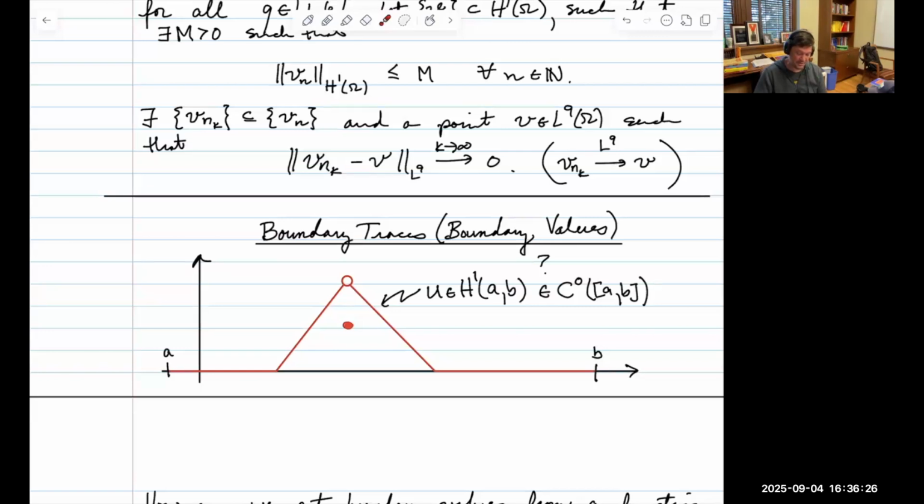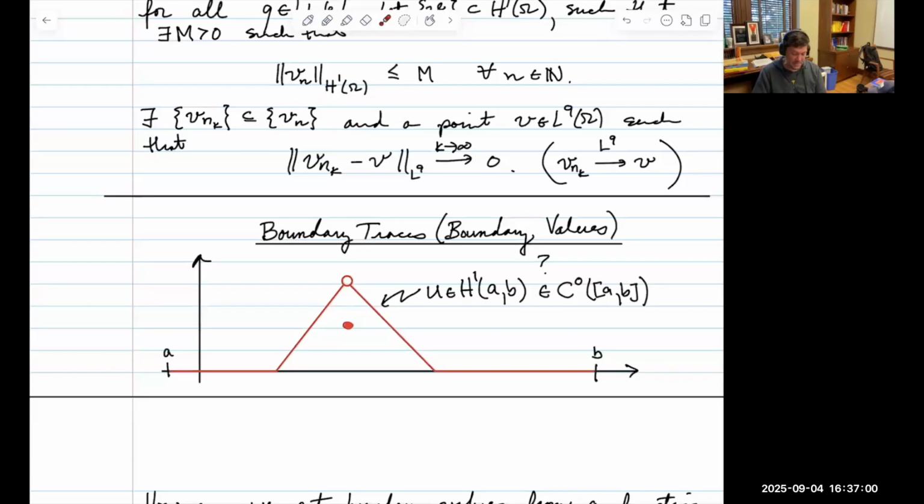Well, we explained earlier that there's some member of that equivalence class which is continuous on the closed interval from A to B. So if I have a member from this class, I can immediately tell you what its expected boundary values should be, even though in truth, I could reimagine the value at B or A, the boundaries, by changing it to something up here, and I wouldn't change the nature of that function in any essential way in the function class.